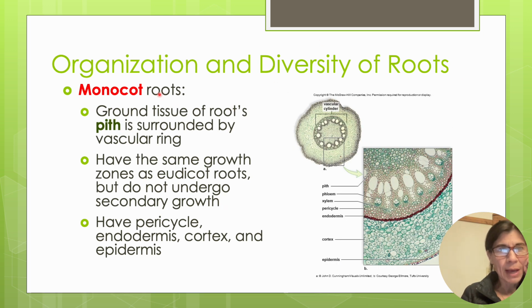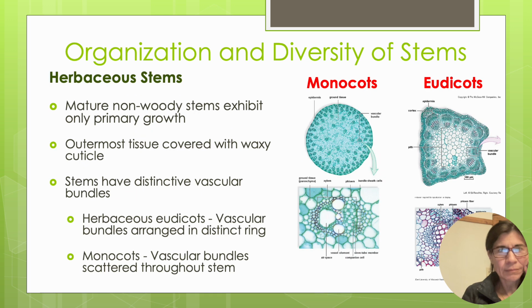All right, in monocots, you have the root system in this cylinder, this circle shape. In herbaceous stems, herbaceous means there's no woody material, so no hard wood like a tree. These are plants that are not tall, right? They don't have any of what we call wood.